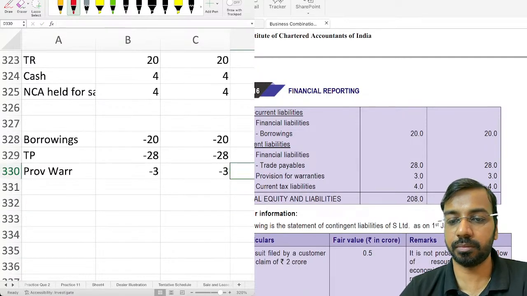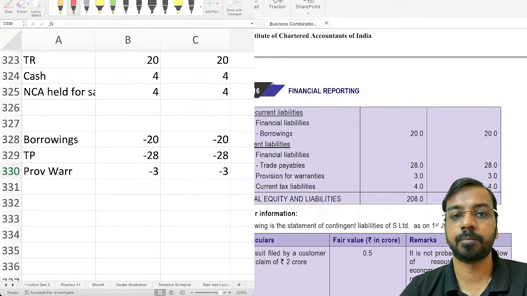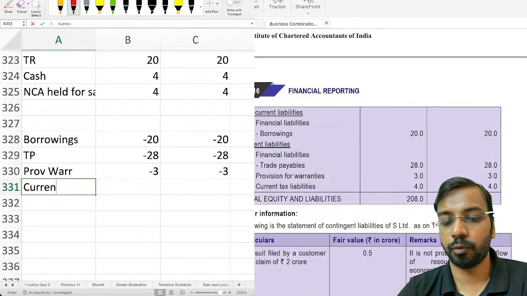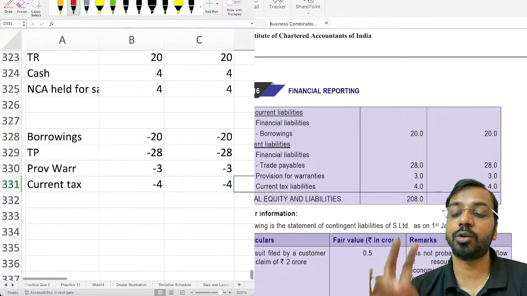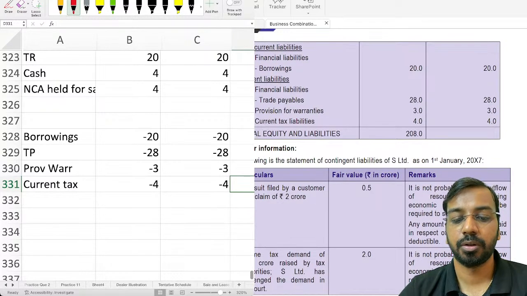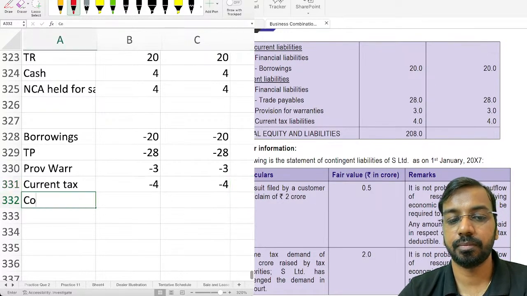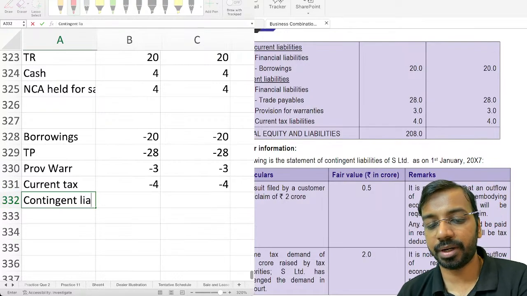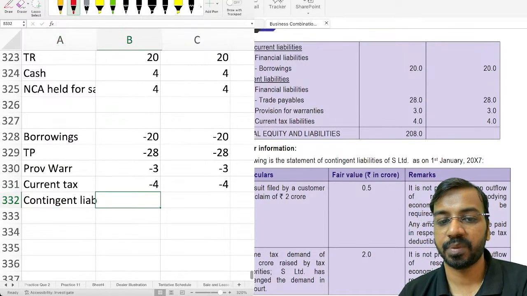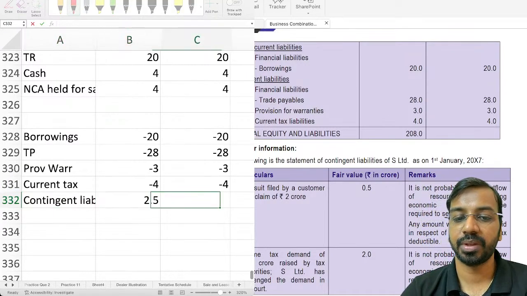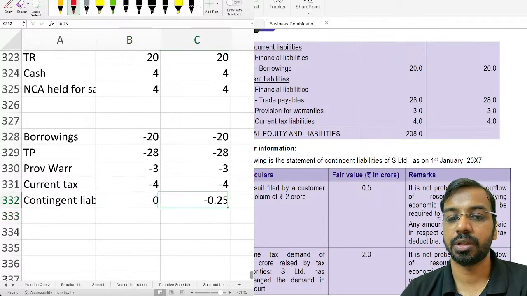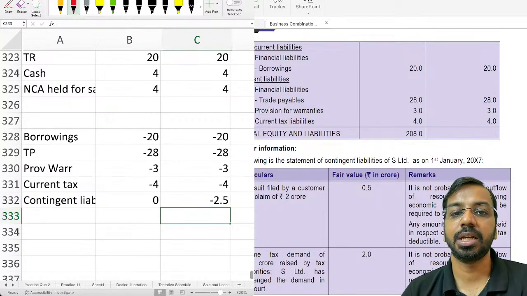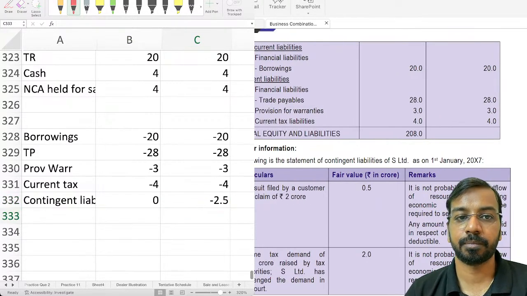Then current tax liability 4, 4. Okay. Then subsequently I have said that yes, there are two contingent liabilities we have to take. So contingent liability: carrying amount is 0, fair value is 2.5, which we will consider in our books. So fair value of the contingent liability is 2.5.